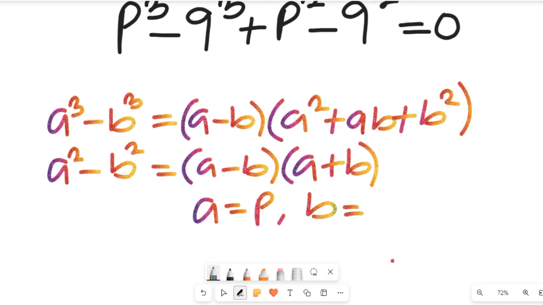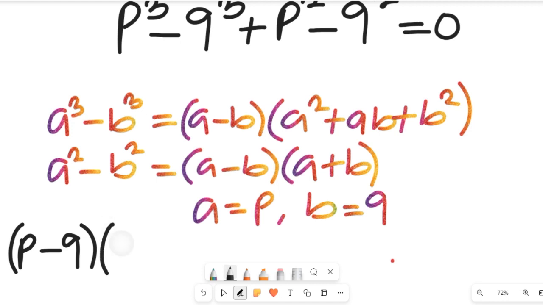Now if we apply that algebraic formula with the mind that a is equal to p, and b is equal to 9, applying that to the expression, we're going to have p minus 9 as the first expression from a to the power of 3 minus b to the power of 3, and then we'll have p squared plus 9p plus 9 squared, right?